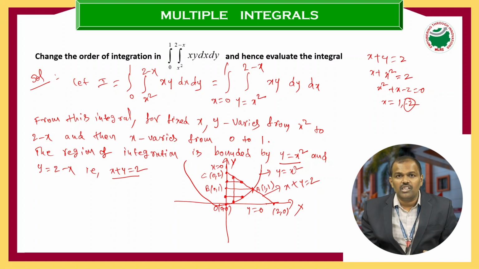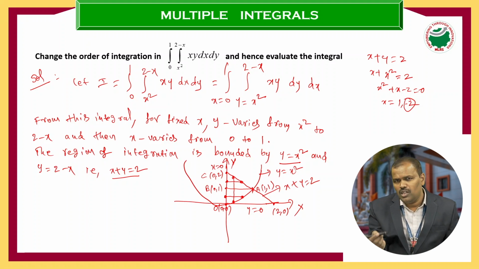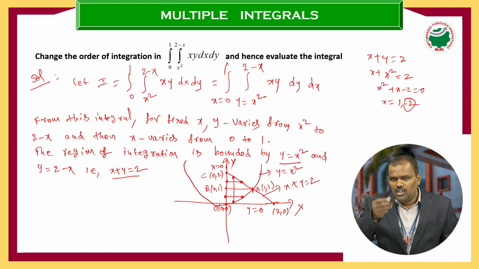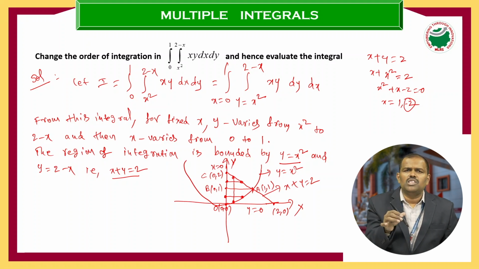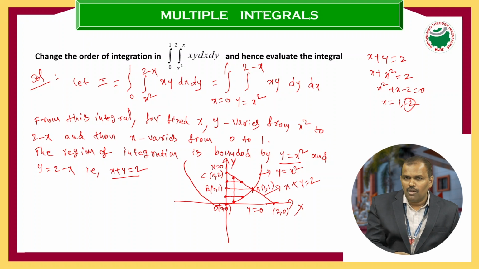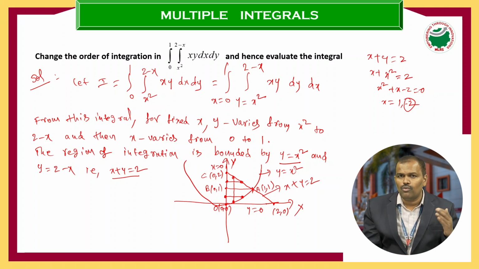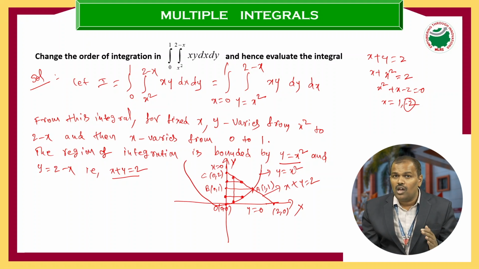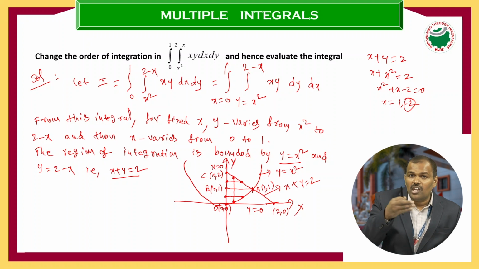That's why we divide the given region into two parts. In the last question this never happens because both are parabolas. Anywhere we take, one edge is on a parabola, another edge is also on a parabola. But here, in the lower half, one edge is on the parabola and in the upper half, that edge is on the line.